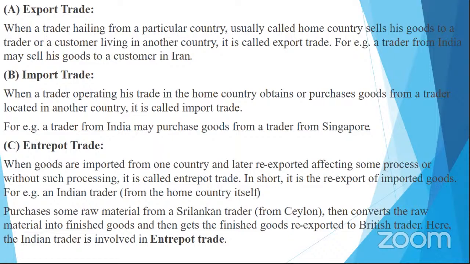Whether they make modifications or not, they import goods from other countries and again, after modification or without modification, they sell them to other countries. That is called entrepot trade. So these are the three different types of international trade: export trade, import trade, and entrepot trade.